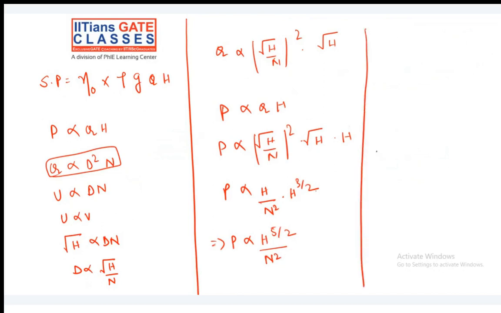So can I write down now that n square into P divided by H to the power 5 by 2 is some constant.